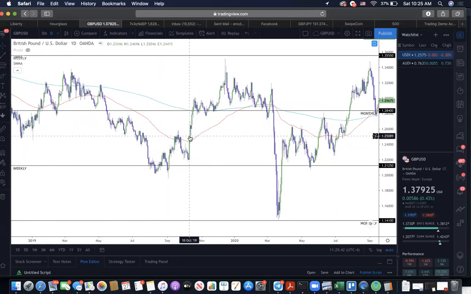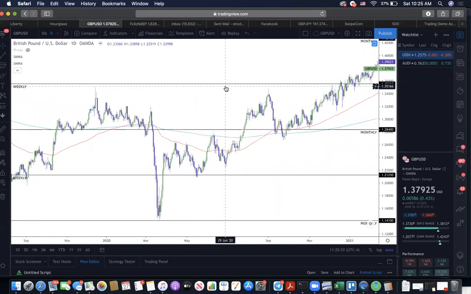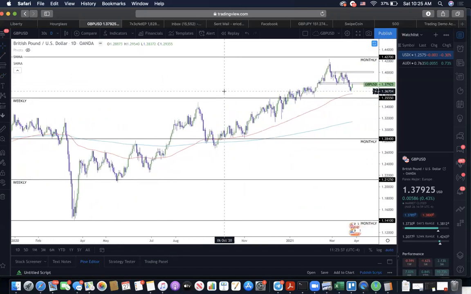Price broke back above the 200 SMA, ranged, and bought back up. So these moving averages can be used as an area of confluence, an area of support and resistance.